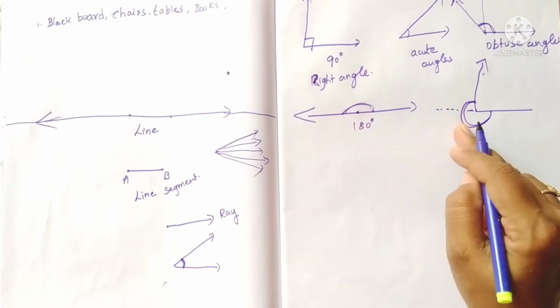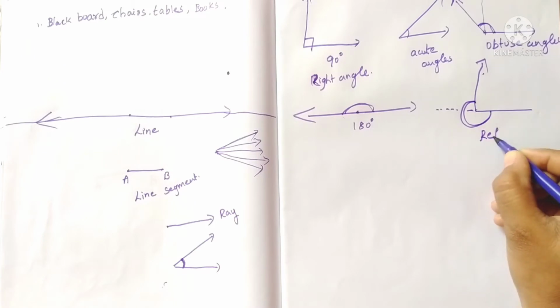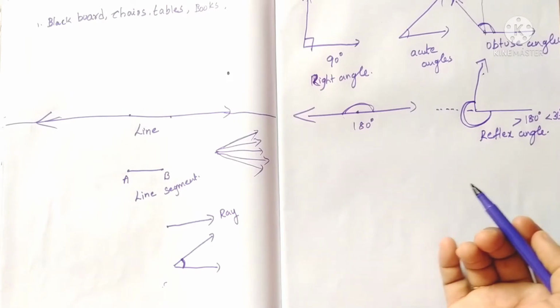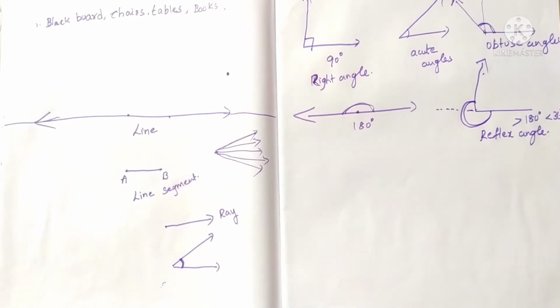This is greater than a straight angle, right? So that is called a reflex angle, greater than 180 degrees and less than 360 degrees. And 360 degrees we call a complete angle. Okay, so these are the types of angles.